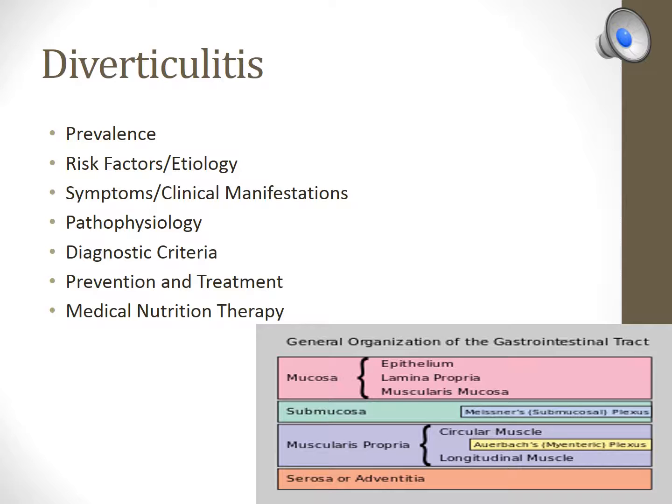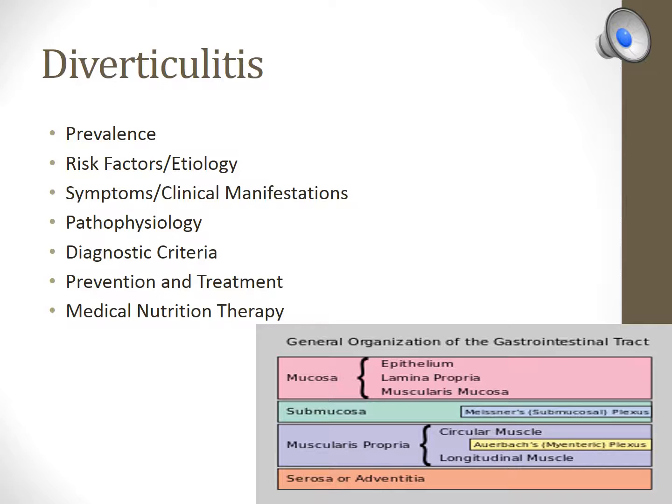So diagnostic criteria for diverticulitis includes a CT scan, and in the following slides I have pictures of diverticulitis with a CT scan and ultrasonography scan. However, for right now, the CT scan will show a pericolonic fat stranding, bowel wall thickening, and the presence of a diverticula.